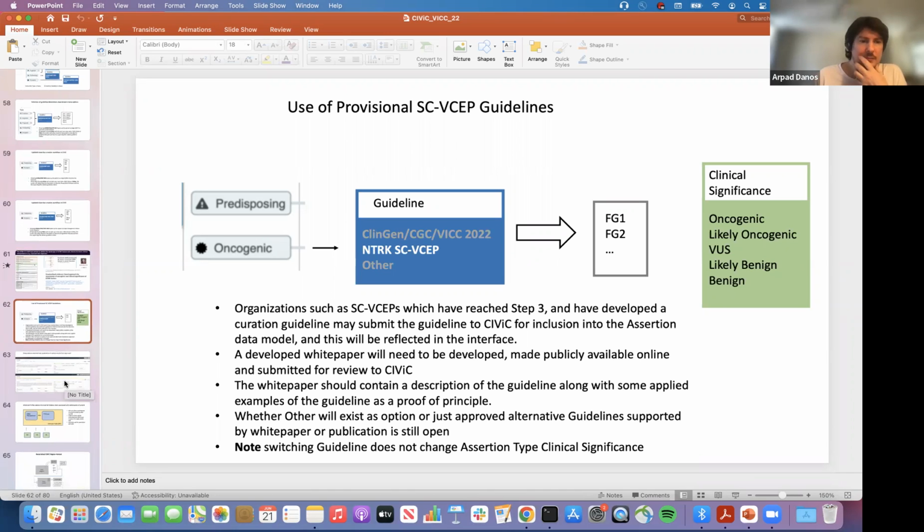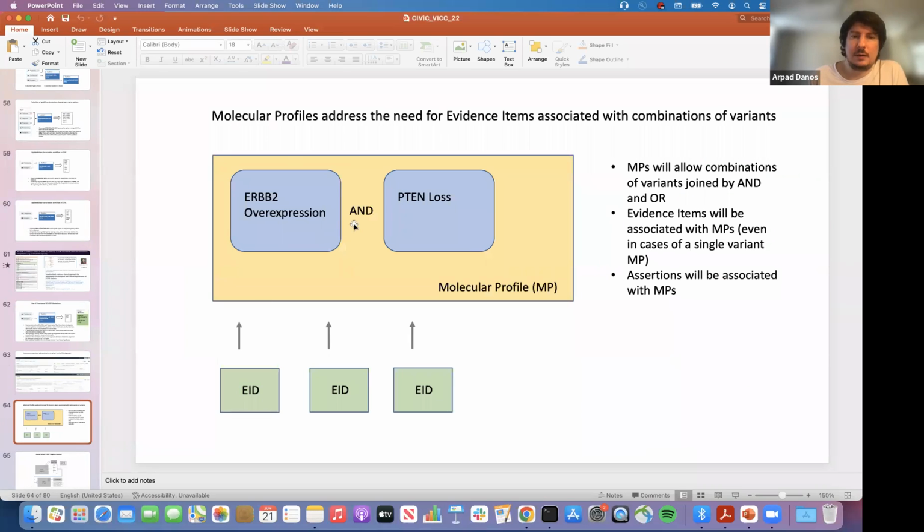Basically, I was going to talk a little bit about ways of combining multiple genes. Maybe I'll just talk about this idea of a molecular profile. We're going to be attaching evidence not to individual variants. We're going to start on a newer version of CIViC, which should hopefully be available by the end of the summer, maybe fall.